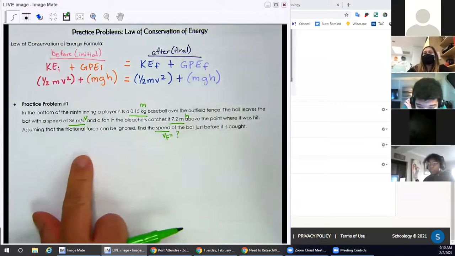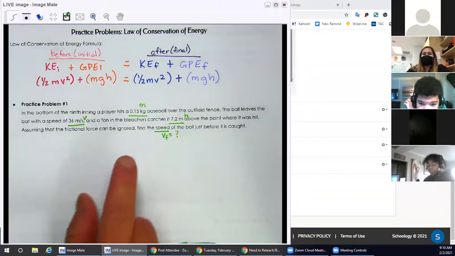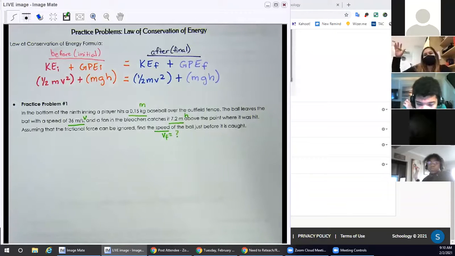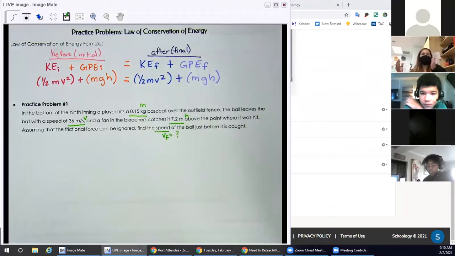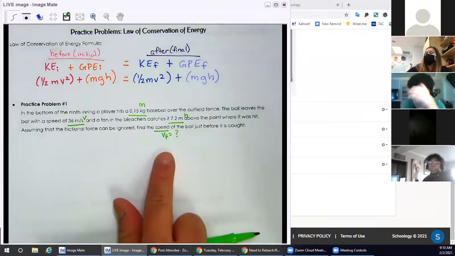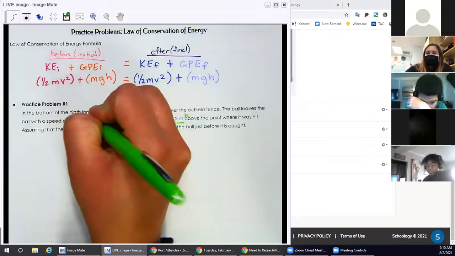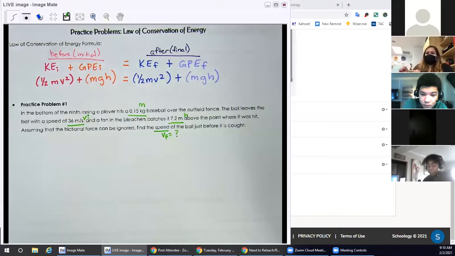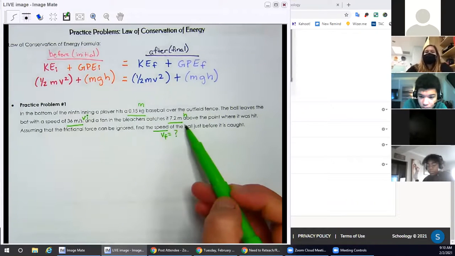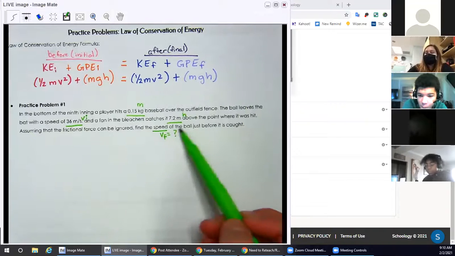In this scenario, a bat hits a ball, the ball goes flying into the stands, somebody catches it. So we're talking from the point the bat hits it to the point someone catches it. If we want to know the speed just before it's caught, we want to know the final, which means this one has to be our initial. And then the height, is this going to be our final height or our initial height?